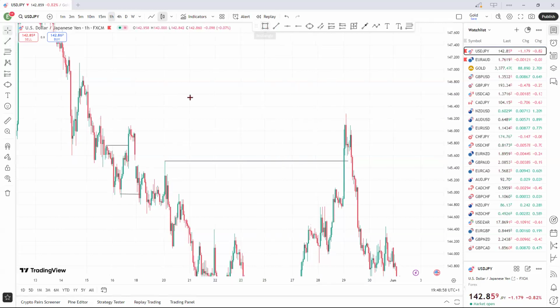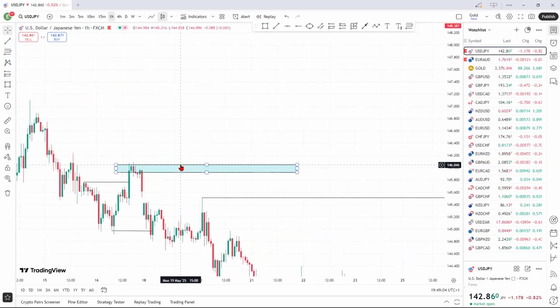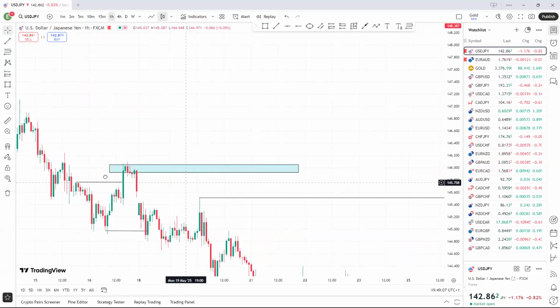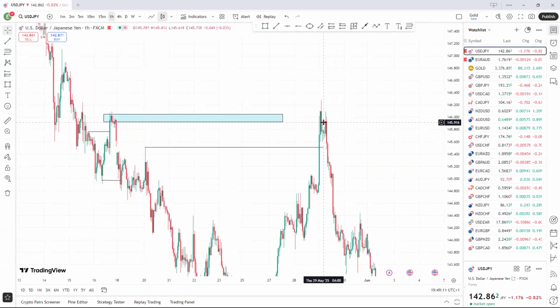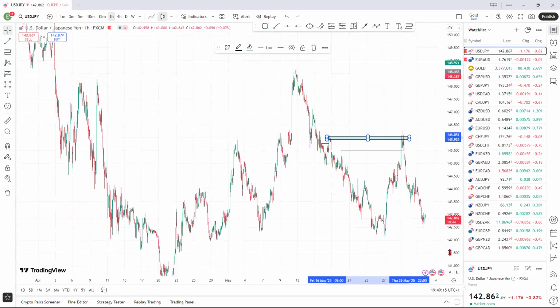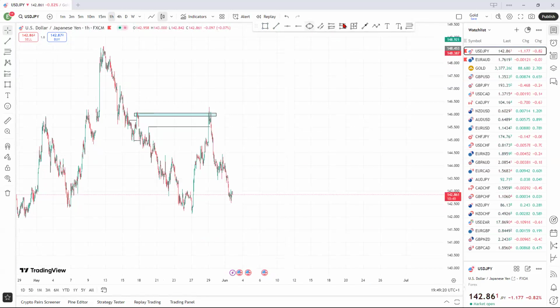Then this is the zone where price sold from, this small green candle here. Let me zoom in. This candle here is our supply zone. So this was where price reacted from. So this is where UJ is going.